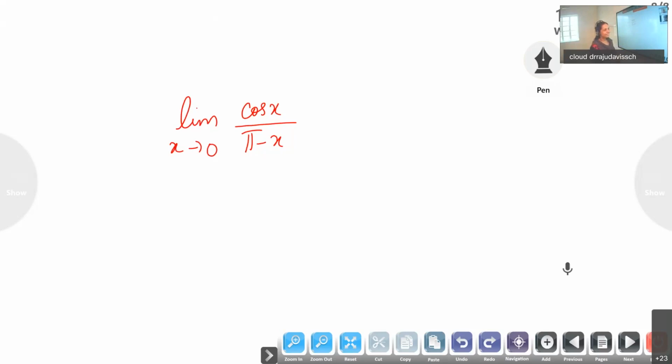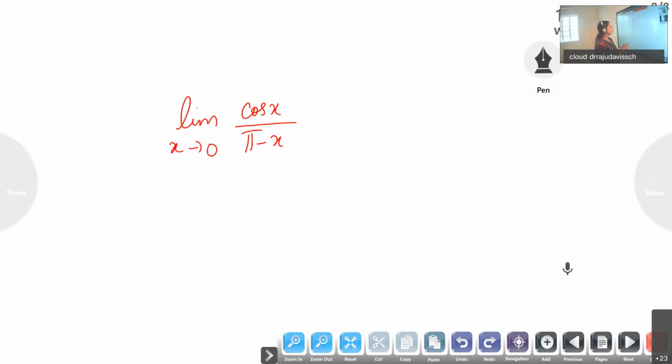What is the answer? Gauri, can you give the answer? 1 by pi. Very good. It's 1 by pi. Have you got that answer?